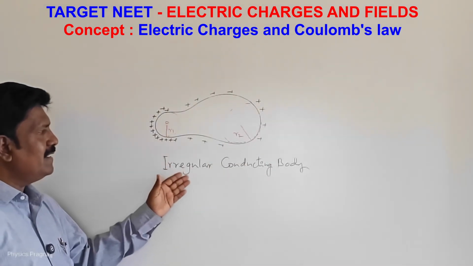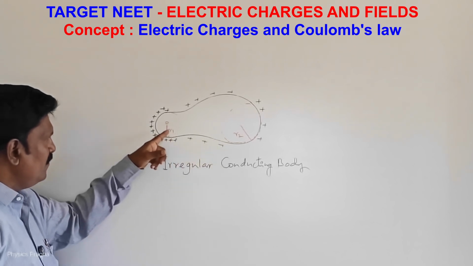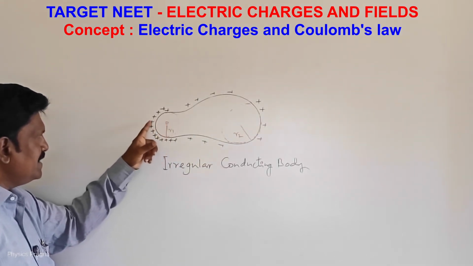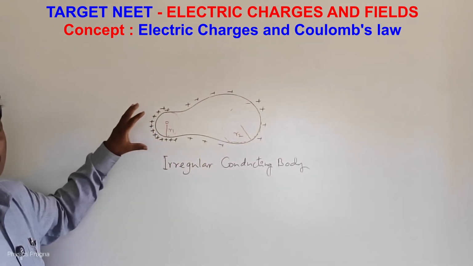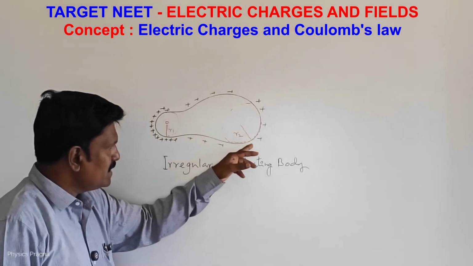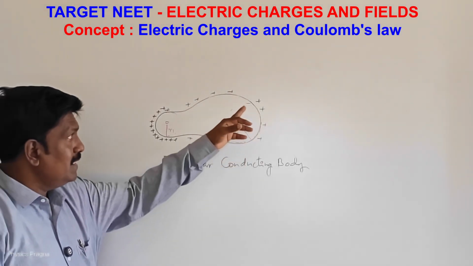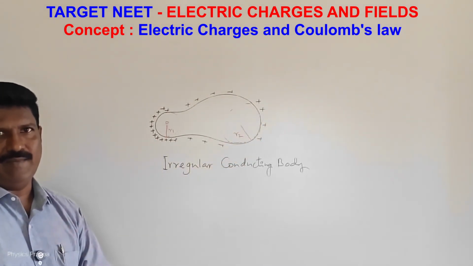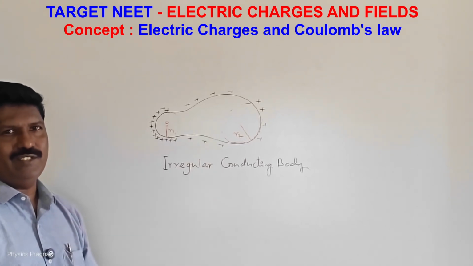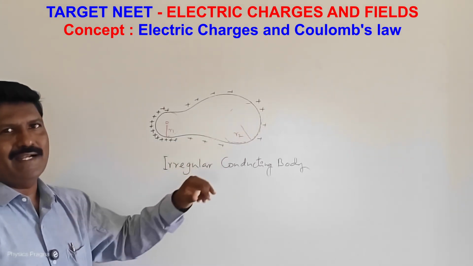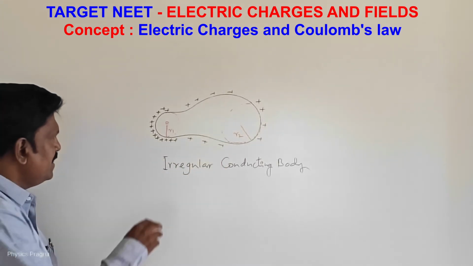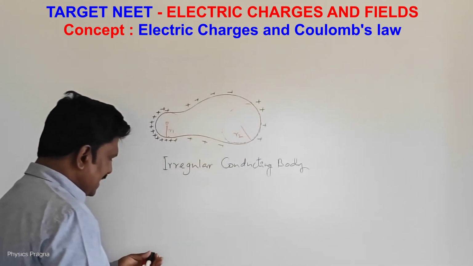So if you consider an irregular conducting body, wherever the radius of curvature is less, more charge will accumulate there. Wherever the radius of curvature is more, less charge will accumulate. This is how the charge distributes in irregular conducting bodies. So here charge is more, here charge is less.